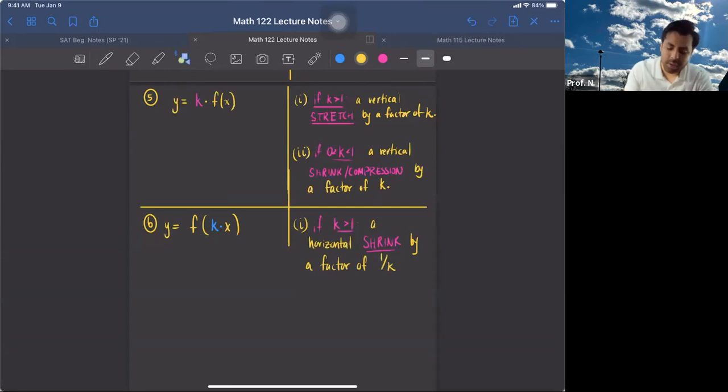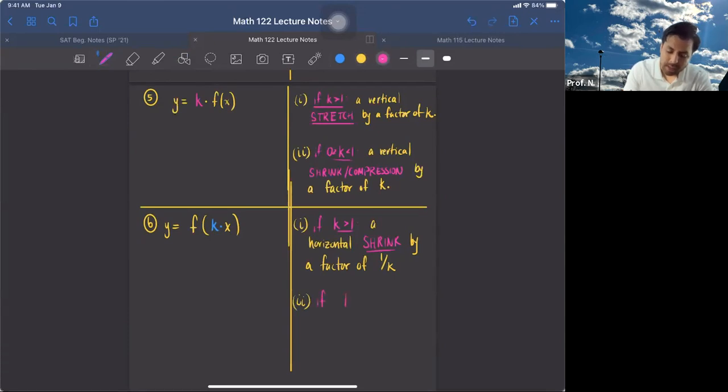You're going to shrink it by a factor of 1 over k. Knowing this will be very useful when we talk about trigonometric functions, because you'll have to deal with transformations of sinusoidal functions such as sine and cosine.